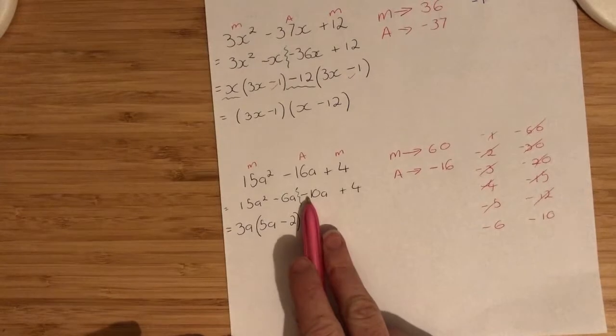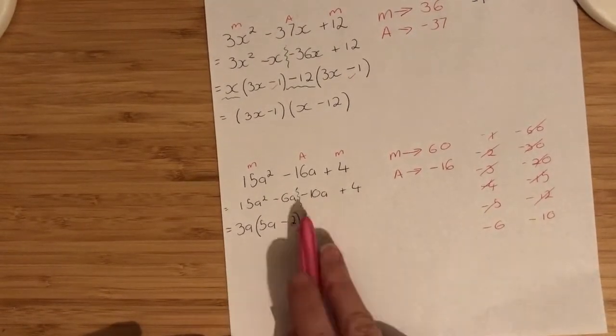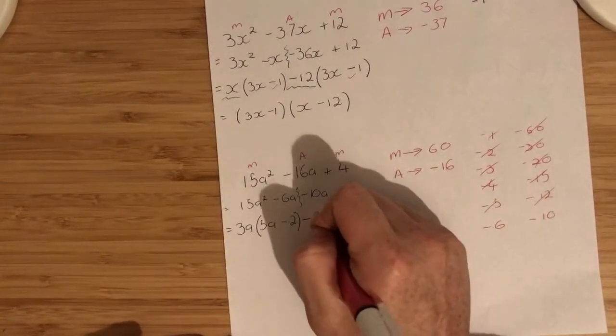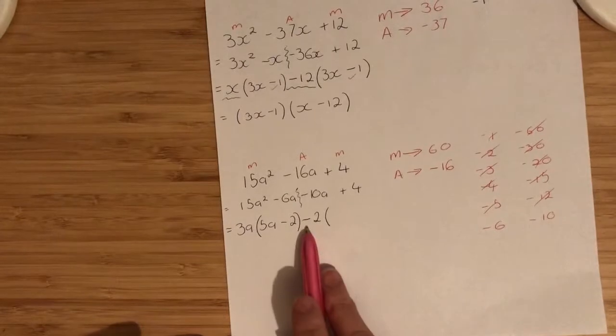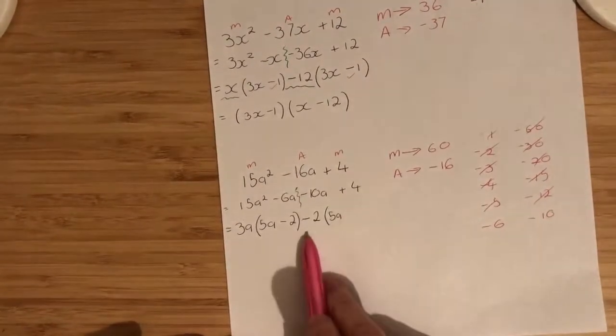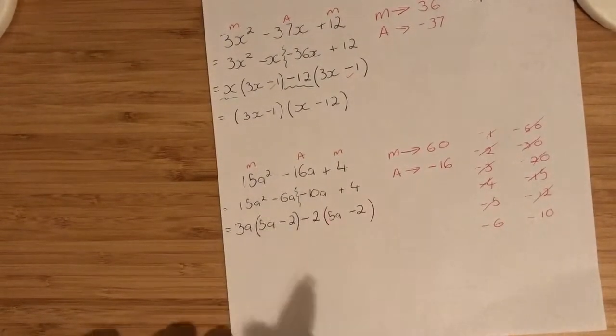Then for the second half, highest common factor between minus 10a and plus 4. Again, we use this symbol, so we've got minus, and it would be 2. Open the brackets. Minus 2 times 5a would get us back to that one. Minus 2 times minus 2 would get us back to plus 4.